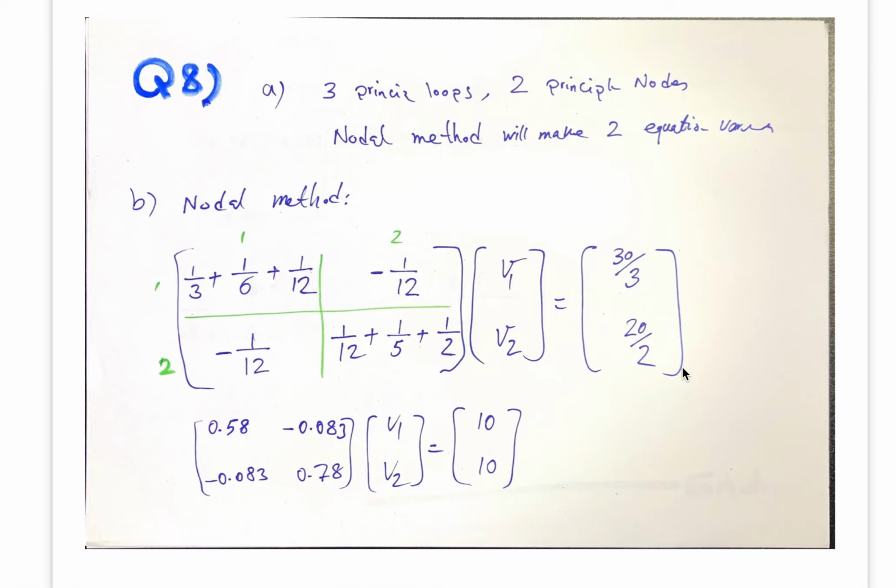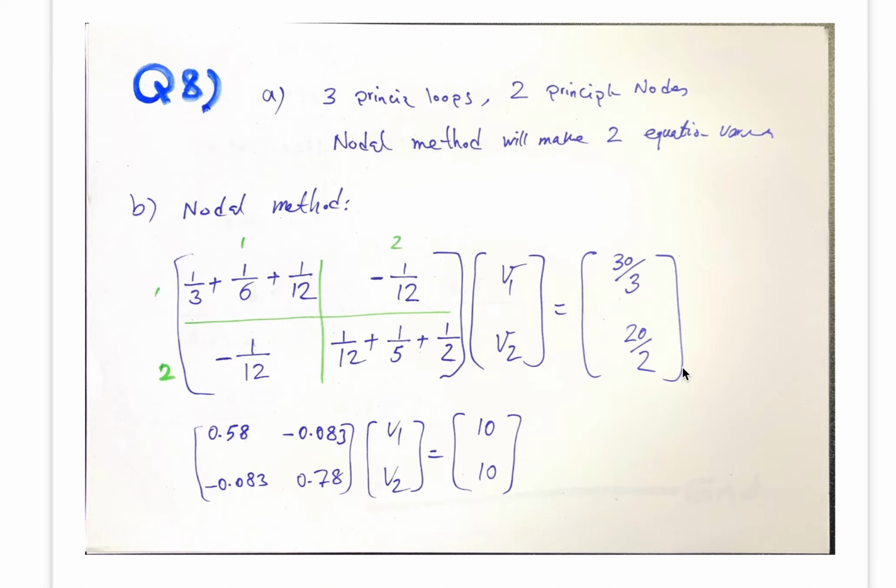And finally, the last question, question number 8. Always the first part is about what are the total number of principal nodes and principal loops, and then say which method outperforms the other one in terms of performance. Obviously, the one with fewer equation variables is the best one.